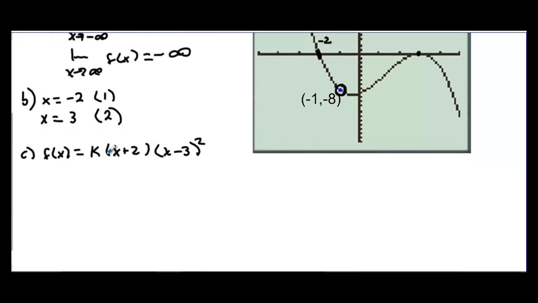To find out what the constant is going to be, let's plug negative 8 in for f of x because it's the y value. We have negative 8 is equal to k times, and then we're going to plug negative 1 in for the x values. We have negative 1 plus 2 times negative 1 minus 3 squared.